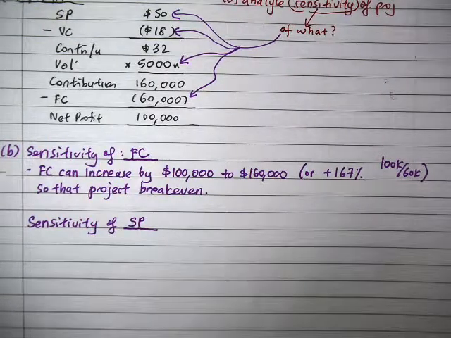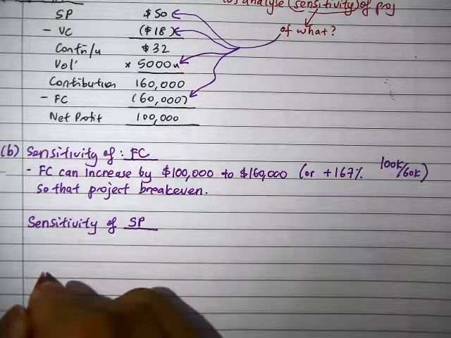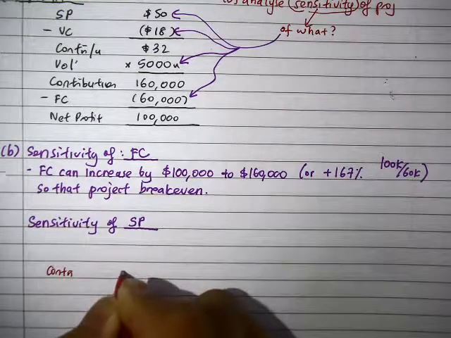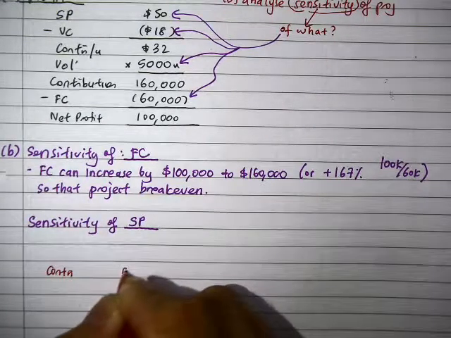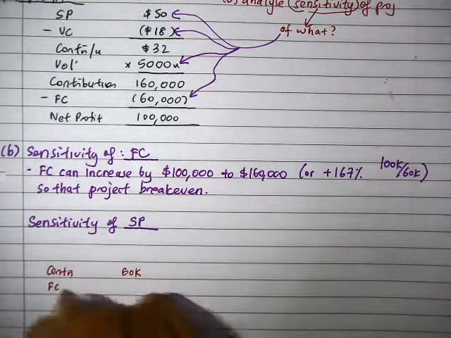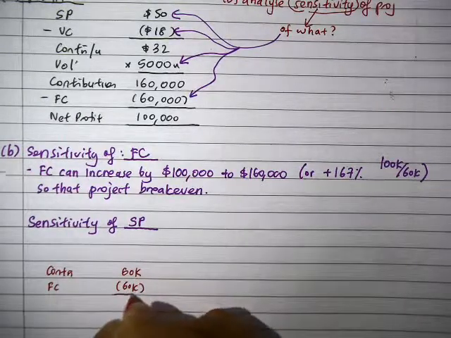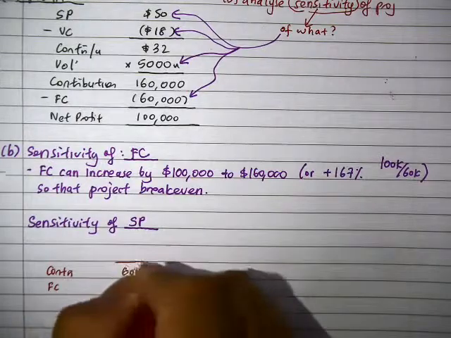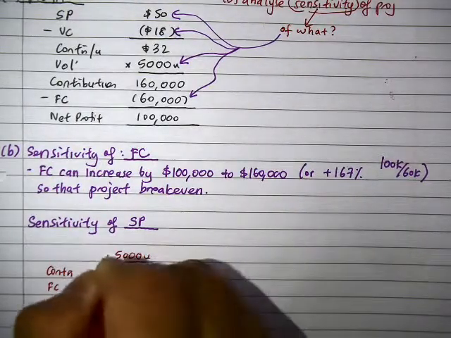Now you will work backwards. If you want a contribution of only 60, so that fixed cost is 60 and profit is 0, you still multiply with 5,000 units.